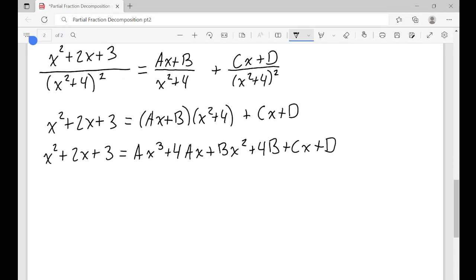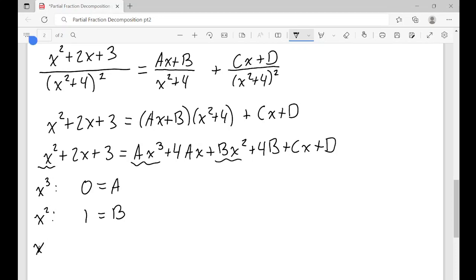And now time to equate coefficients. My highest degree here is a 3, so I'm going to start there at x cubed. So the coefficient of x cubed on the left side is 0. And on the right side it's just a. So that one's done. Next is x squared. I have a 1 coefficient over here. And I have a b on the right side. And that's it.